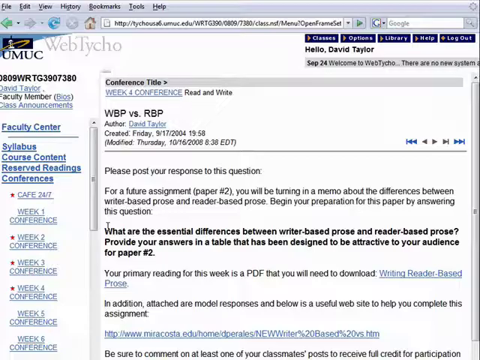So let's take a look at thread number 2, writer-based prose versus reader-based prose. Your assignment in week 4 is simply this: to post your response to this question right here. What are the essential differences between this thing called writer-based prose and reader-based prose, sometimes called writer-based writing or reader-based writing?